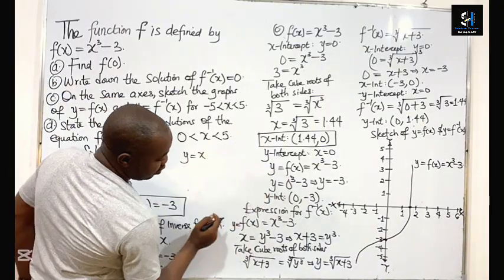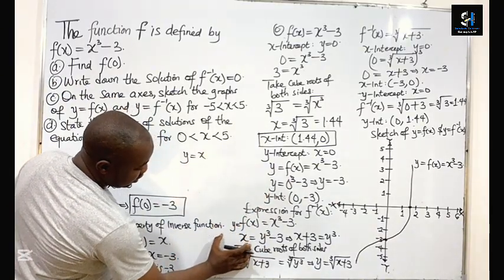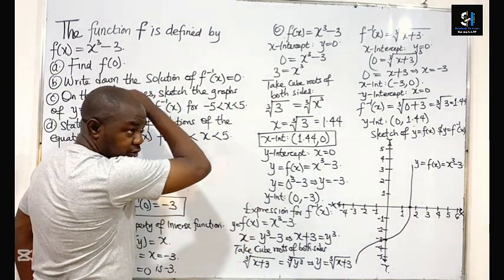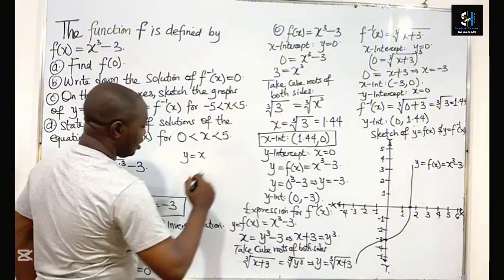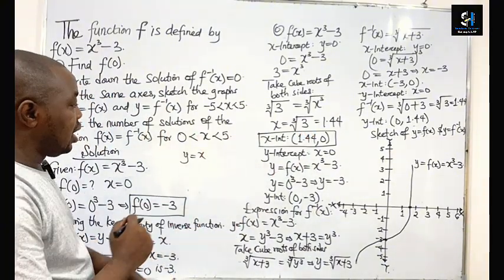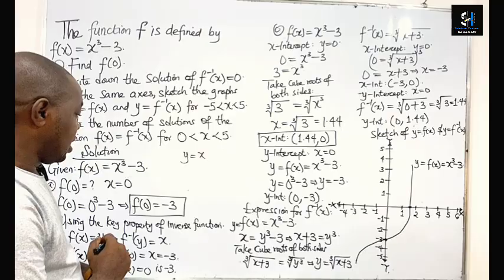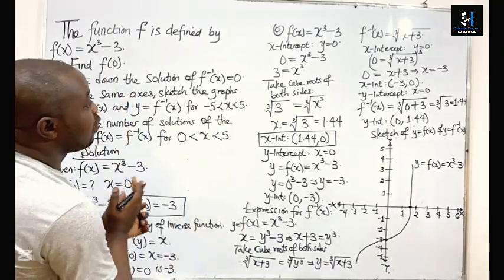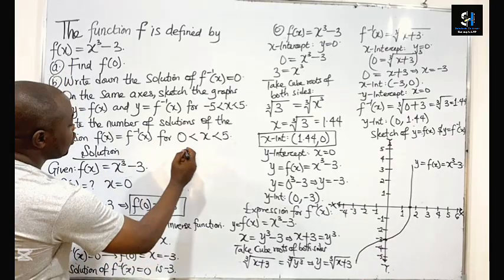That's why when I wanted to derive the expression for the inverse function of x, I swap x and y. Now, for cubic function, let's look at what it looks like.